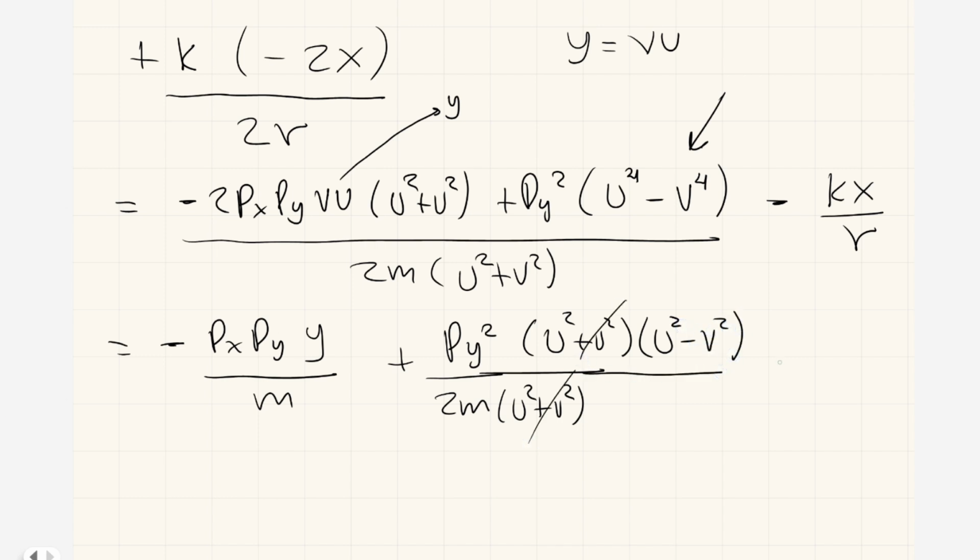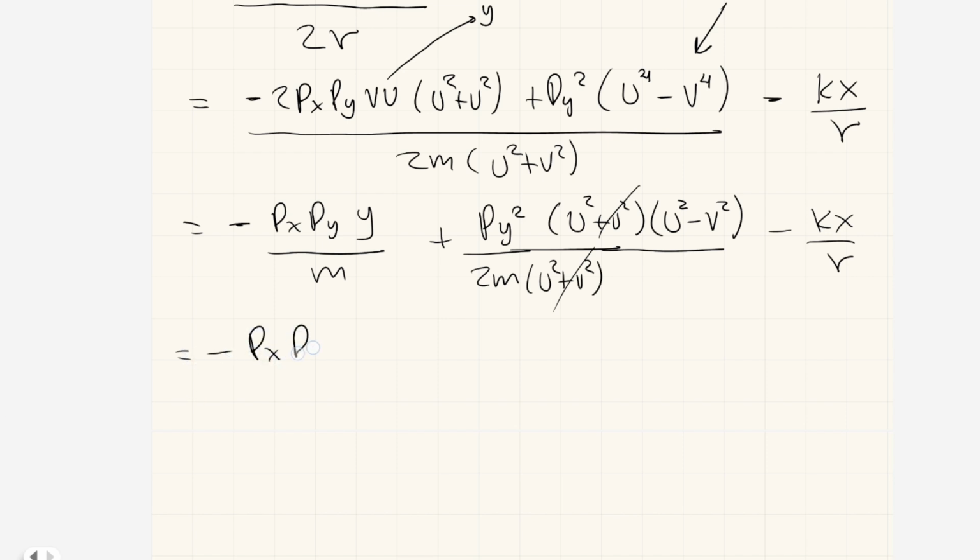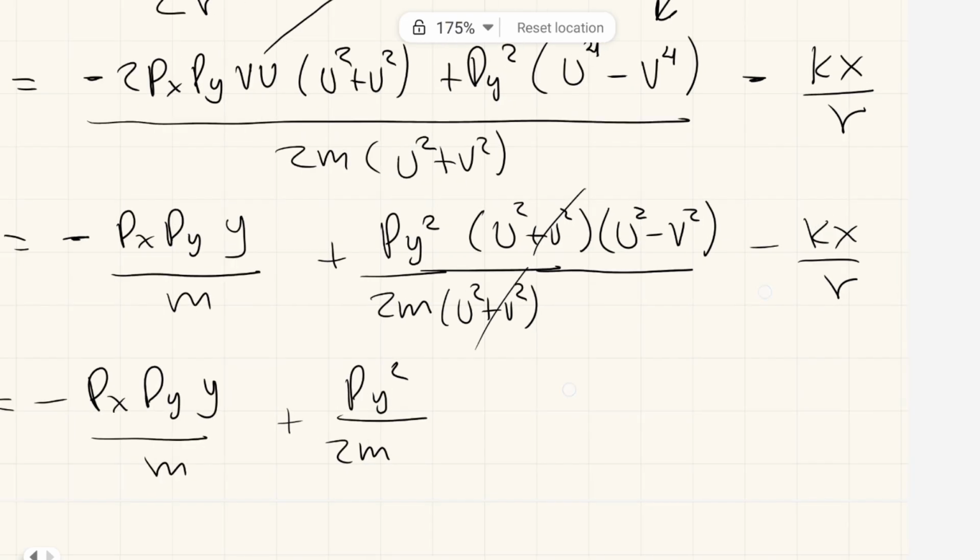This cancels with this, we get minus kx divided by r, and this is equal to minus px py y divided by m plus py squared divided by 2m (u squared plus b squared). Sorry, this was cancelled already. And here we have again u squared minus b squared.